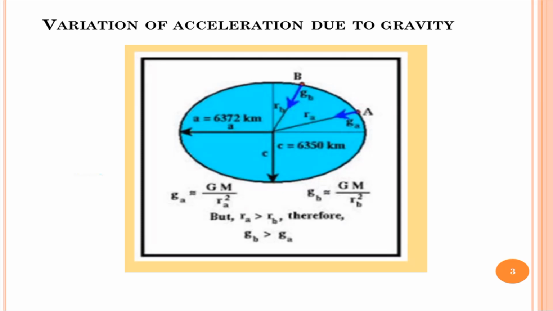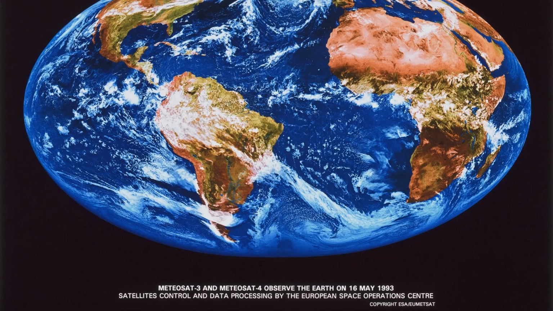Here at A, as R is more, g is less, and at B, the R value is less, therefore the g value will be more. Therefore, due to the shape of the earth, the acceleration due to gravity will vary. That is, at the equator the acceleration due to gravity is less, whereas near the poles of the earth, the acceleration due to gravity is more.